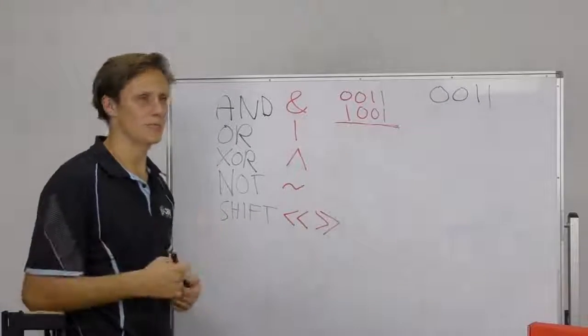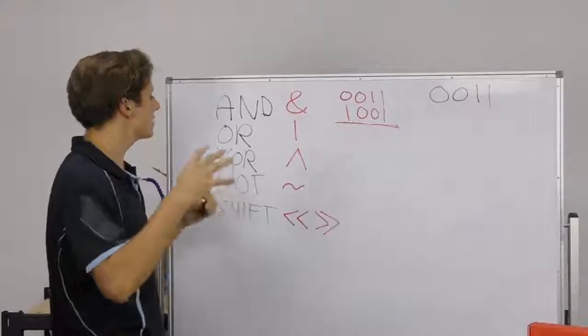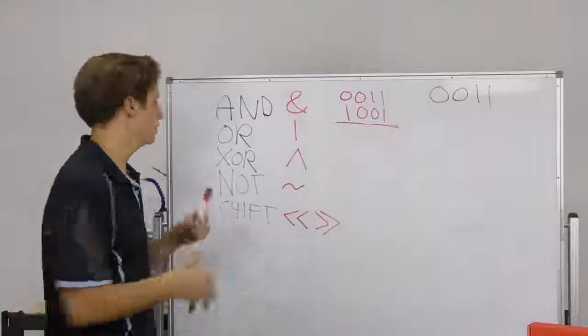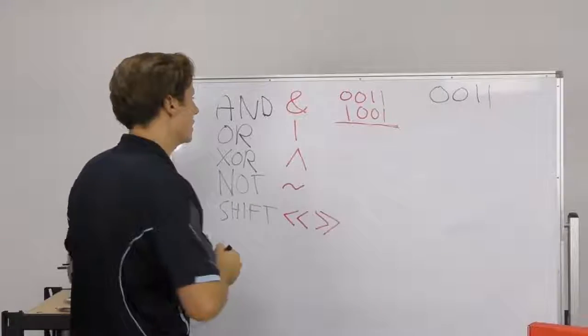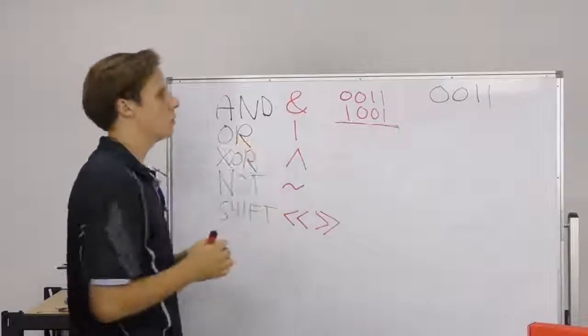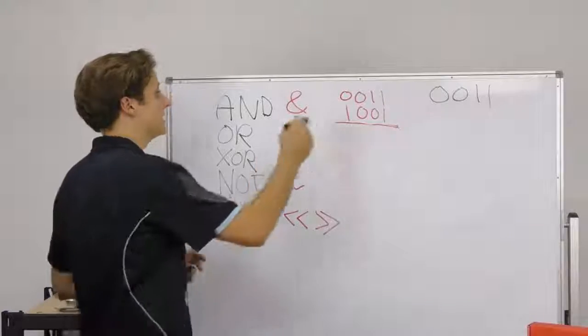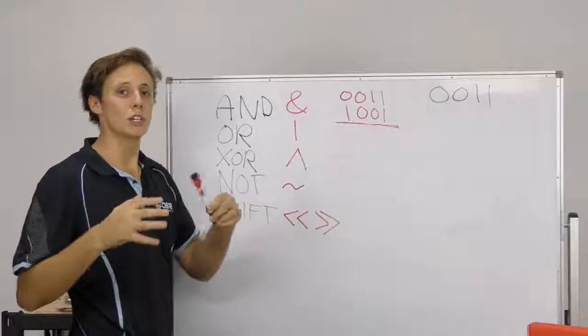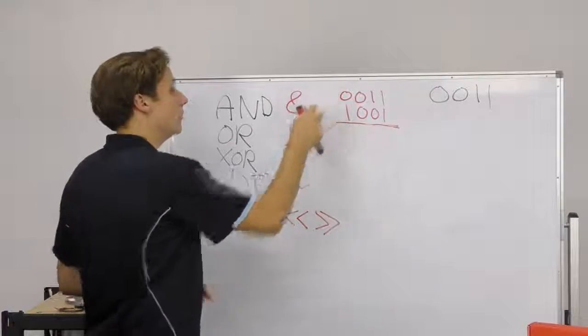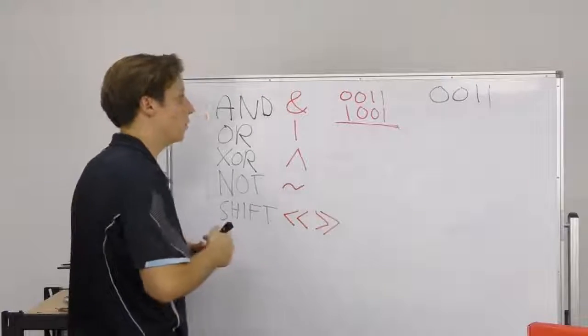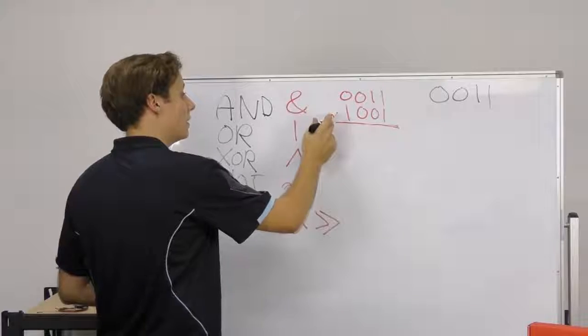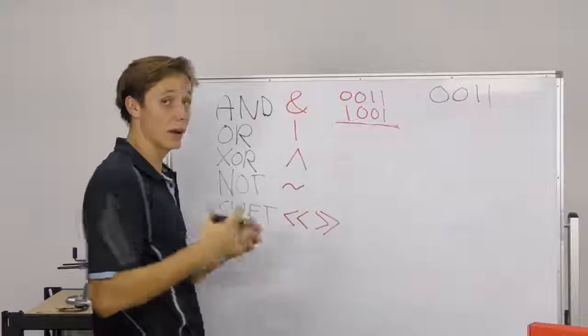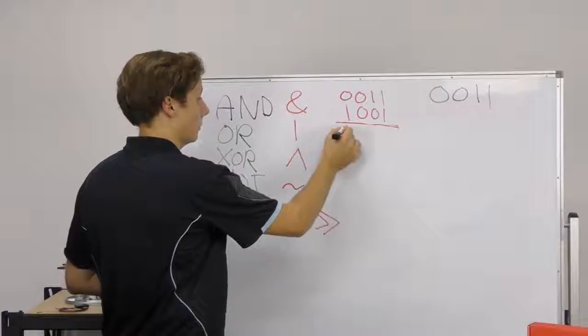So XOR, what's that about? Well, it is called exclusive or, shortened to XOR. What that does is it works in the exact same way as OR, but only if it exists in one of them, but not both, which you can equate to if the values are different. So let's take a look. We have a 1 in this operand and a 0 in that part of the operand, so we would get a 1.